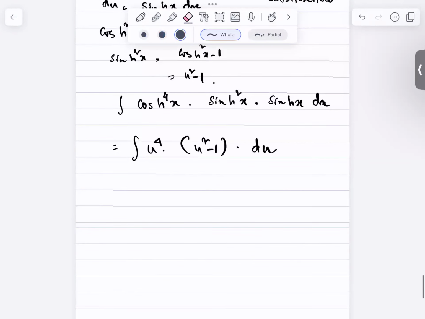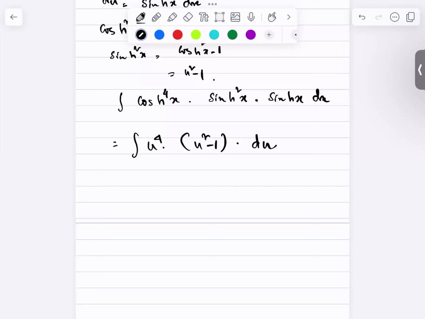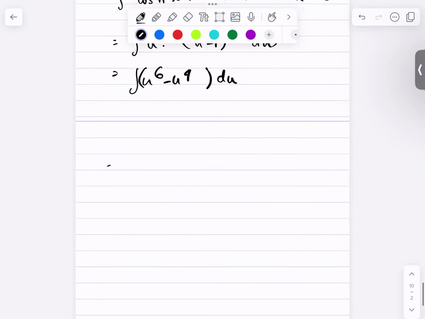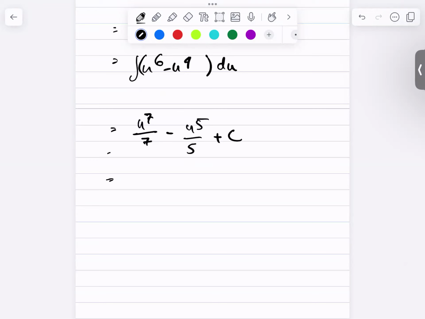Okay, now this is quite easy. u to the 6 minus u to the 4 du. So I'll have u to the 7 over 7 minus u to the 5 over 5 plus c. Now put back u as cosine hyperbolic x.